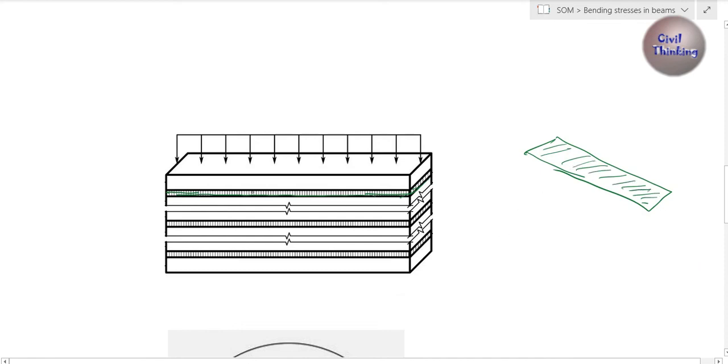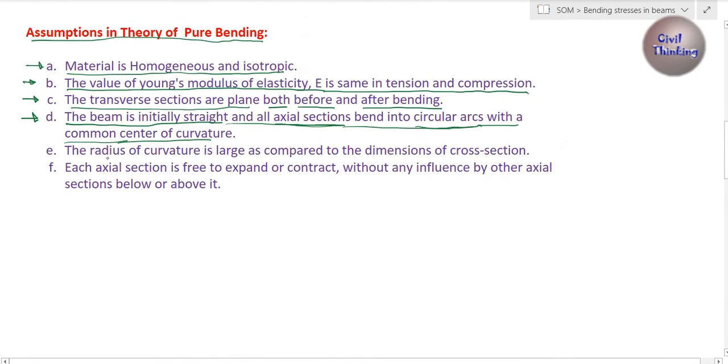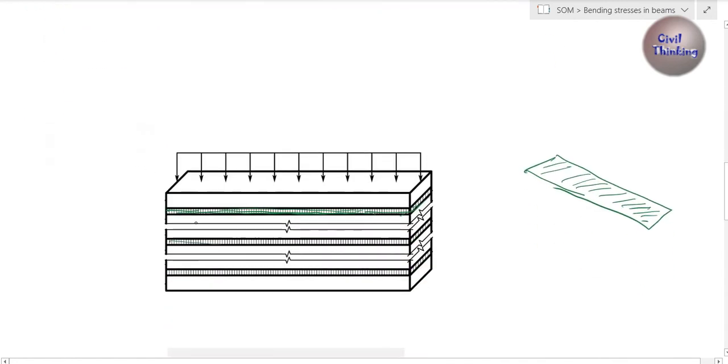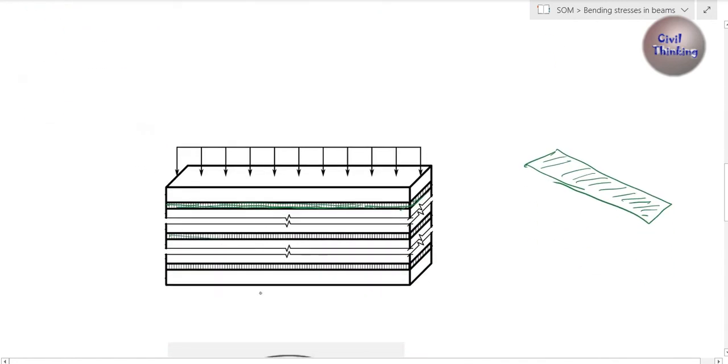So this is one axial section or the fiber. We have another fiber like this. The first thing is the beam is initially straight. Now this beam has not bent and it is straight, there is no bend whatsoever.